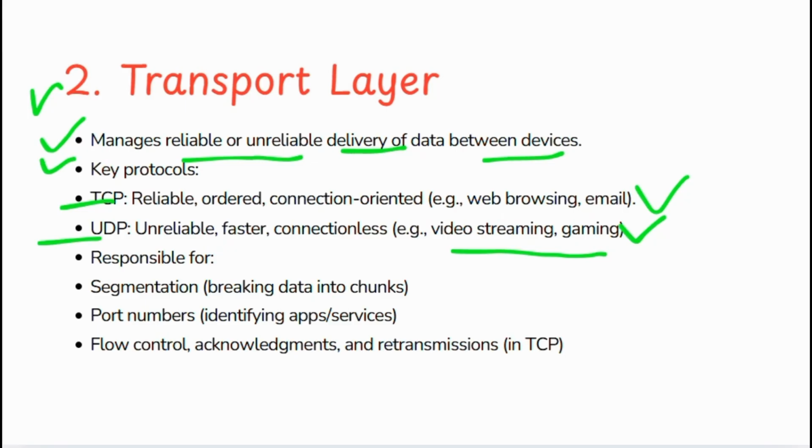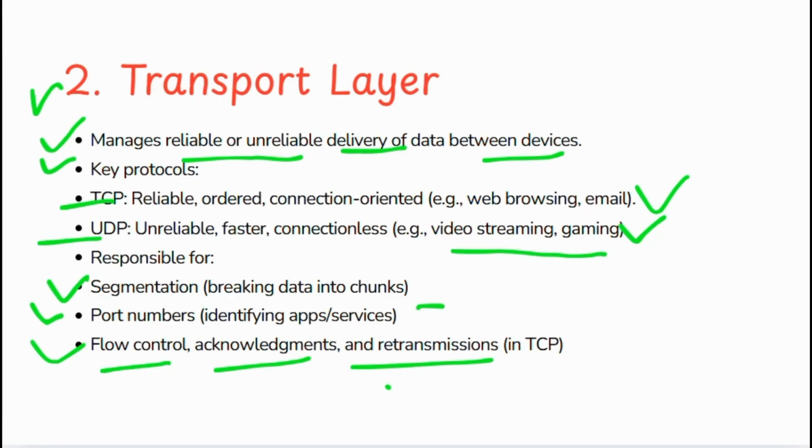And this layer is responsible for segmentation, breaking the data into chunks, port numbers, identifying apps and services with the help of port numbers, and flow control, acknowledgements and retransmission.